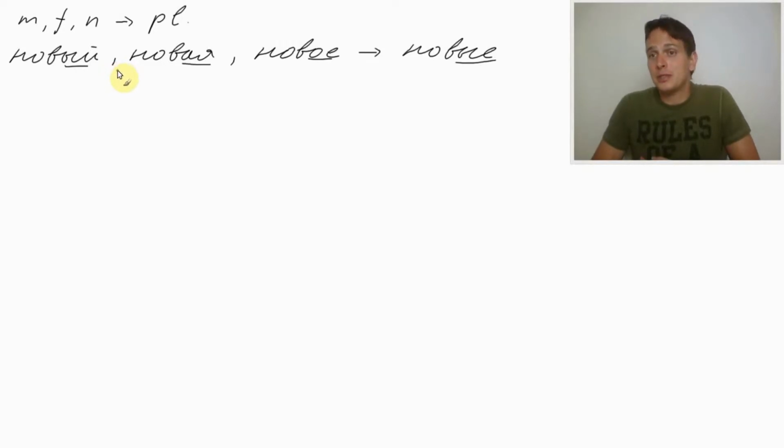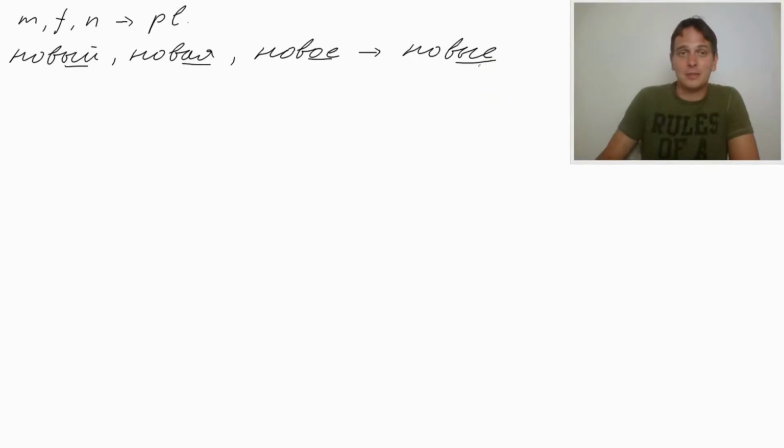Because of this, we already know that at certain points we need only one form of description, for example, for personal pronouns. And here we get only one form of description for adjectives. So the adjective is only one for all three genders. I hope it was understandable, and you will get examples in the following two lessons.